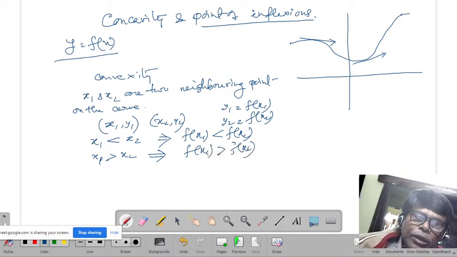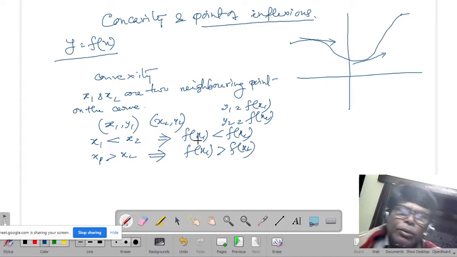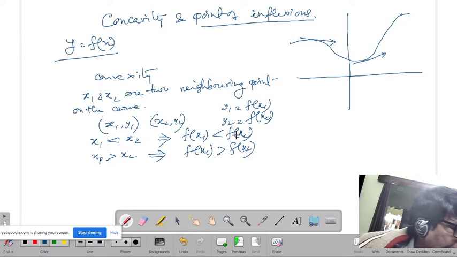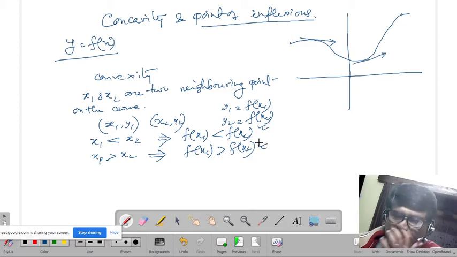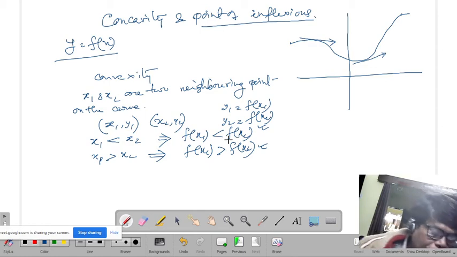So from the value f(x1) it is increasing and here it is decreasing. This is the first sign. You can take two neighboring points, that is the points close by, and you see this property.